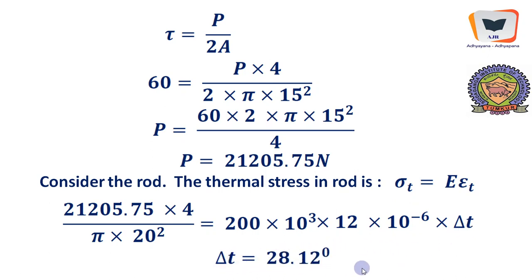Therefore delta T becomes 28.12 degrees. So it is to be cooled by 28.12 degrees from the earlier temperature. Then only the average shear stress in the stud or in the bolt will be 60 MPa.